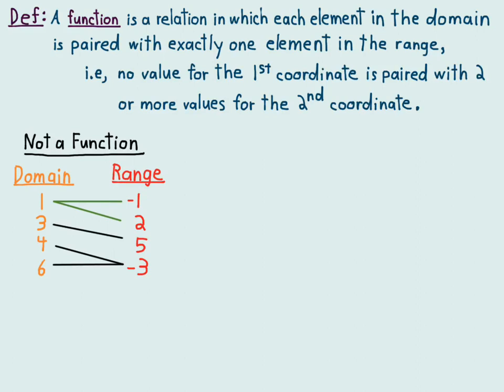It's not a function. And it's not a function because the 1 in the domain is not paired with exactly one element in the range. It's paired with negative 1, and it's paired with 2. So it's not a function because of this, not because of anything else there.